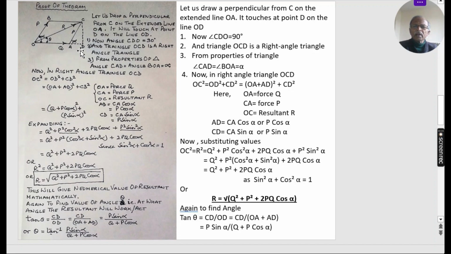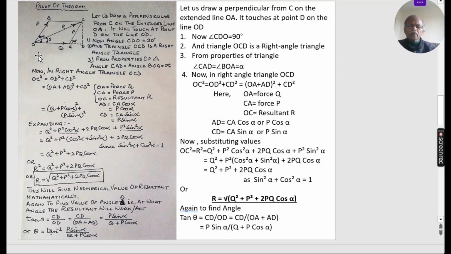On the extended line, if we drop a perpendicular from C, this is CD, and the angle ODC or CDO is 90 degree. That means the triangle OCD is a right angle triangle. Got it?